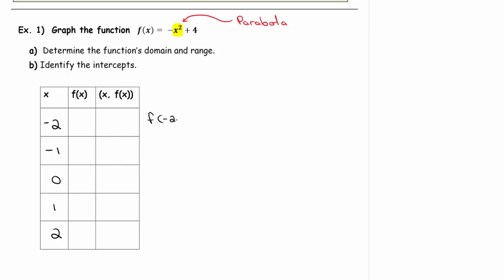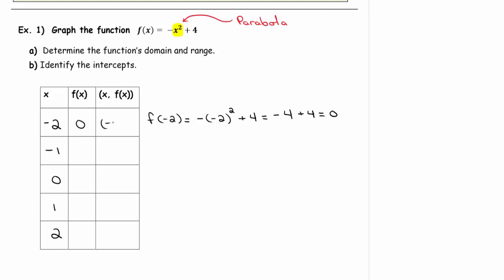f of -2 is equal to, I'm going to put a negative on the outside of the parentheses, and I'm going to put a -2 on the inside, and I'm going to square that -2, and I'm going to add 4. So this is going to give me -4 plus 4 is equal to 0.